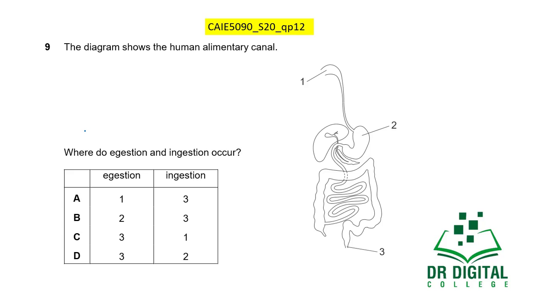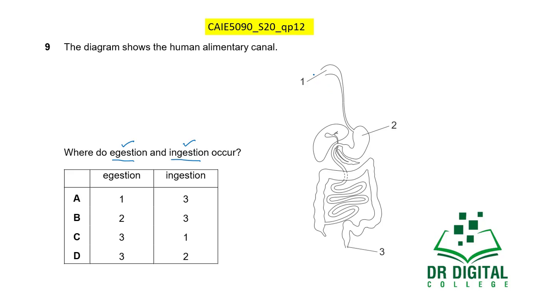In this question, the diagram shows the human alimentary canal. Where do egestion and ingestion occur? So you should know what is meant by egestion and ingestion. Getting rid of unabsorbed or undigested food is called egestion, while intake of food into the body is called ingestion.